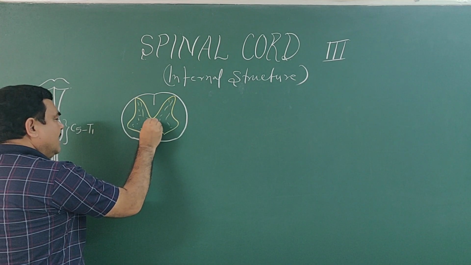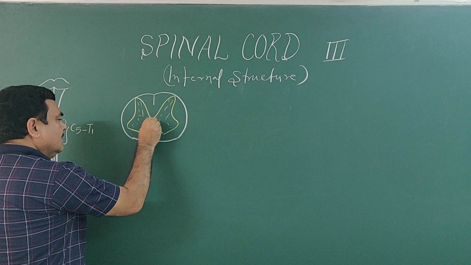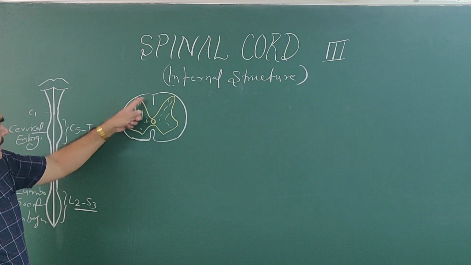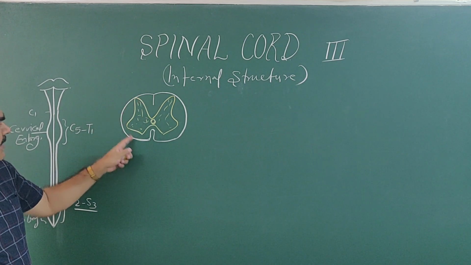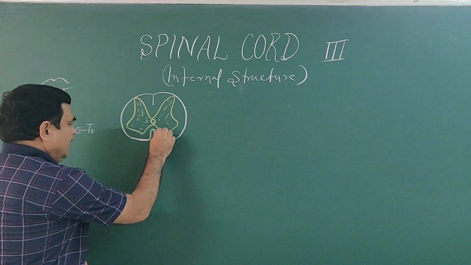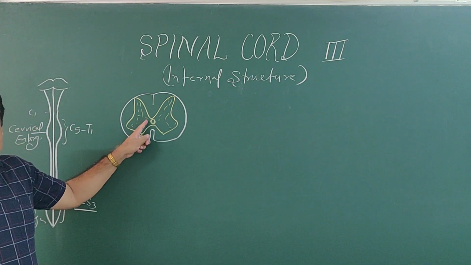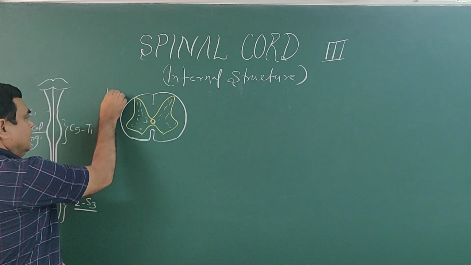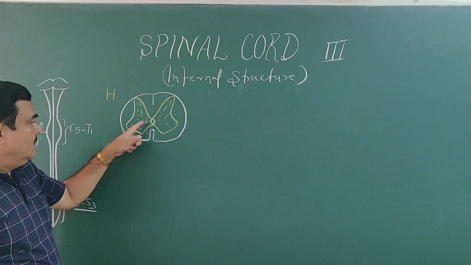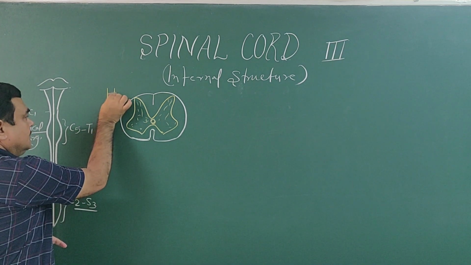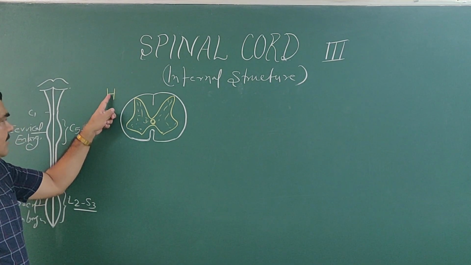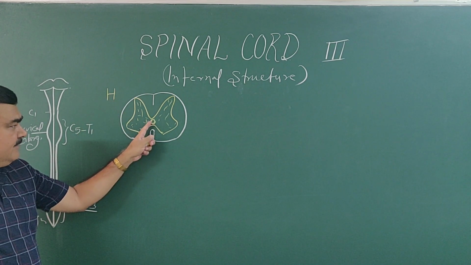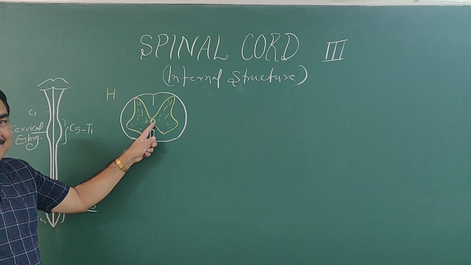Here is the position of the central canal. Outside, in the periphery, this is white matter. Here you can see this gray matter is H-shaped. The horizontal part of the H, which connects the two vertical parts, is the gray commissure.